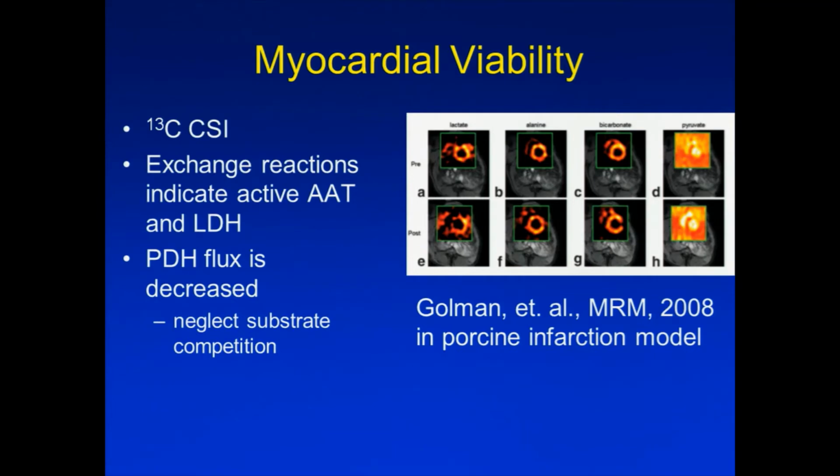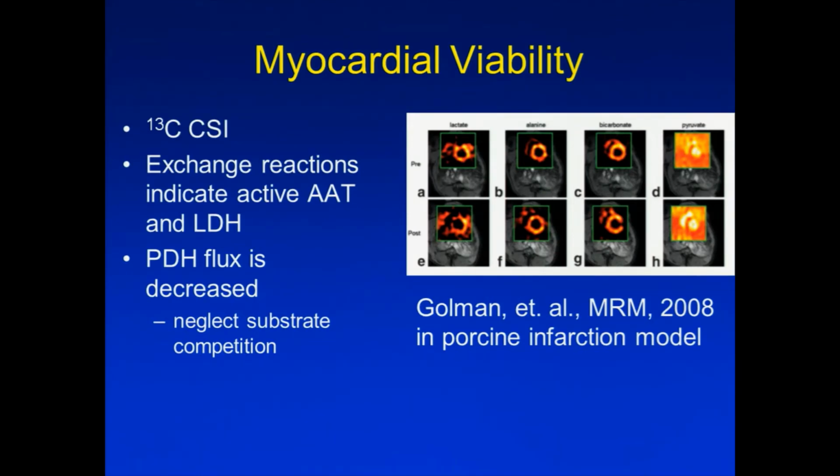They occluded the artery right here where this blank spot is, so you can see that the alanine and the lactate produce much the same image, but there's this defect in PDH flux right there where the heart attack was. So this tells you that oxidative metabolism is at least stunned in that region of the heart. That's an extremely important insight.